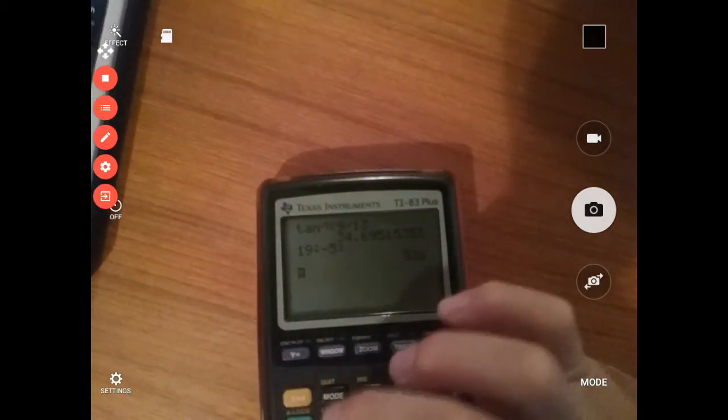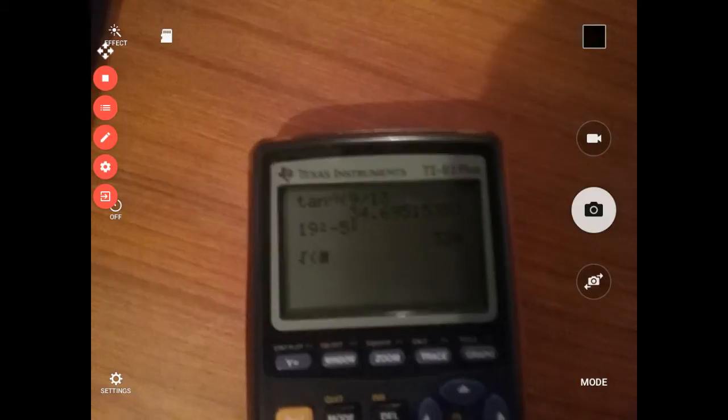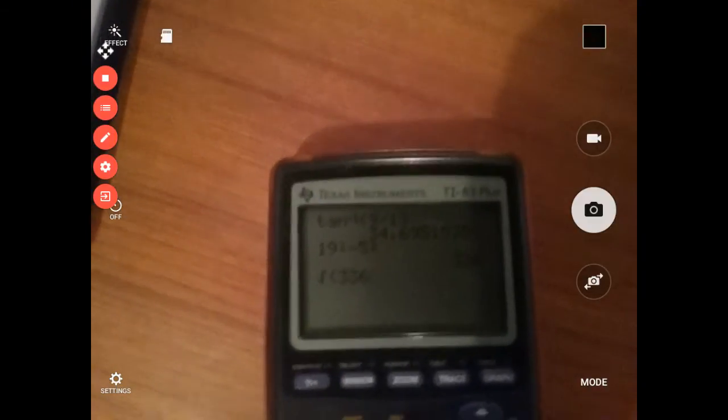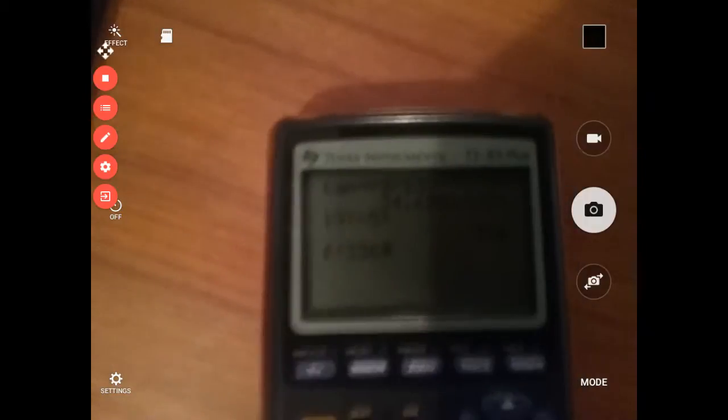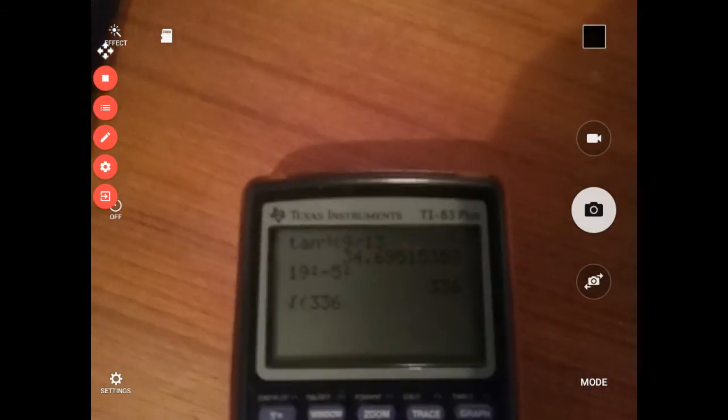Then we have to square root 336. Now, we can't just scroll up on the TI-83, 84s. If you have one of the newest ones with the latest operating systems, it might let you, so give it a try. If you can scroll up, then awesome. Mine won't, so I just typed in 336, so I got that answer.